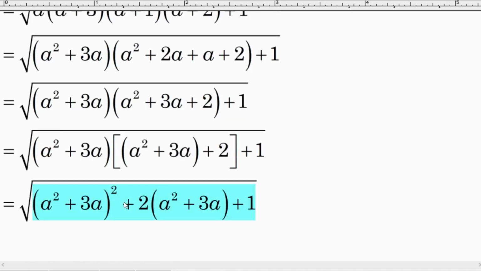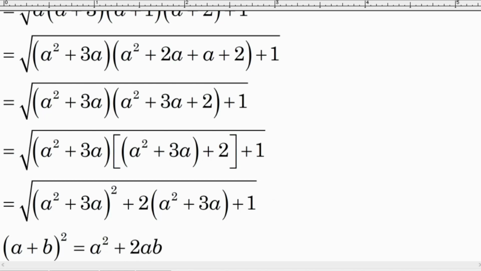From here it will be in the form of a formula. What is the formula? Now I'm going to remind you of a formula, which is a plus b raised to square. This famous identity you probably already know, just a reminder. a plus b all raised to square is equal to a square plus 2ab plus b square.